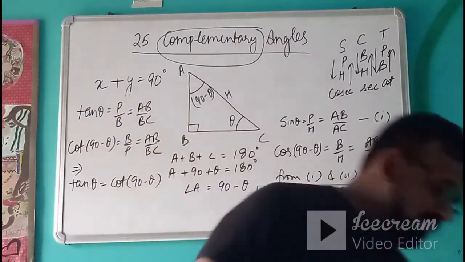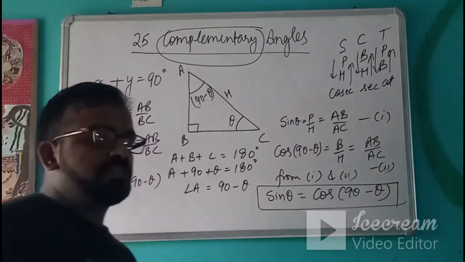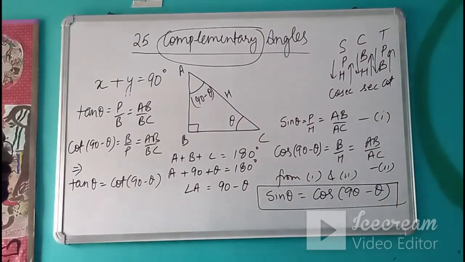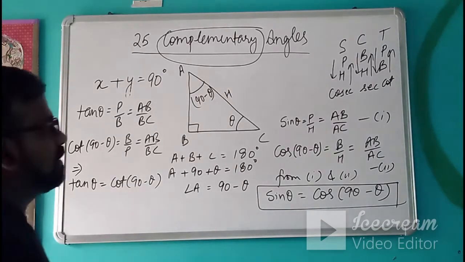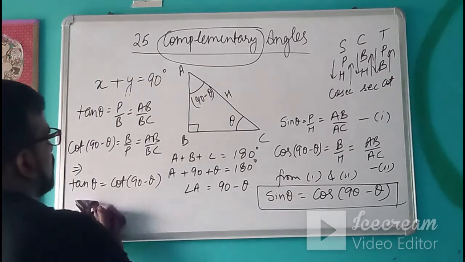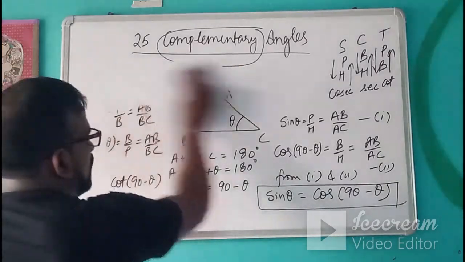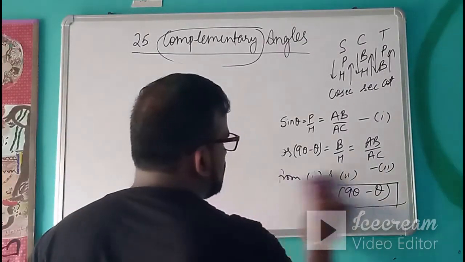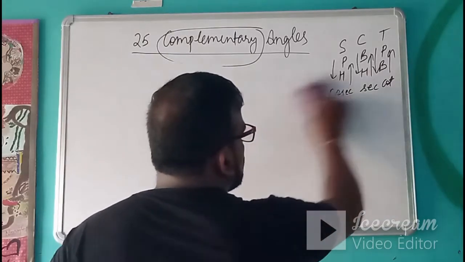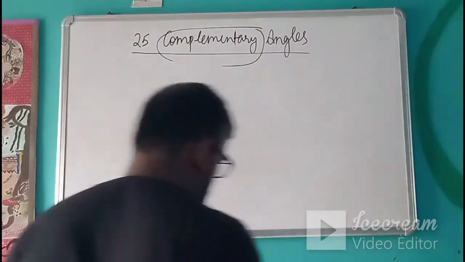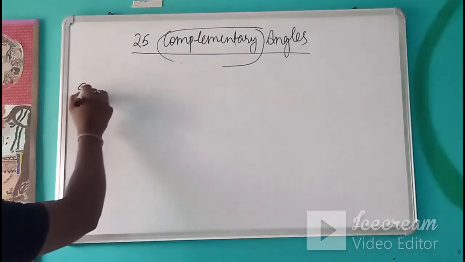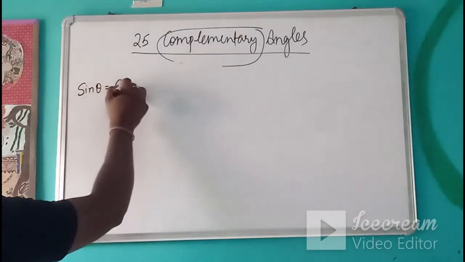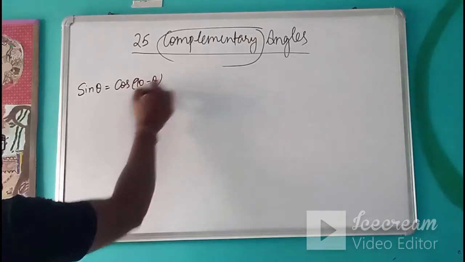So let's summarize and write a few relations. You first see it carefully. Now let's write the relations that we will use in this chapter to solve the questions. Our relations are: sine of theta is equal to cos of 90 minus theta, that we will use.